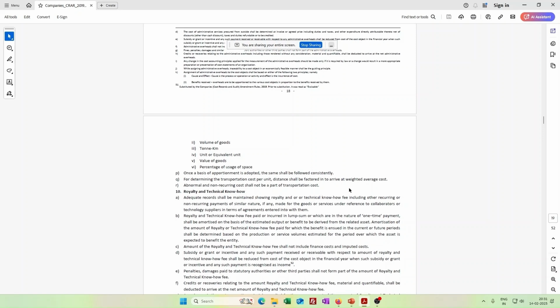So this is technical know-how. Maruti has to pay the Suzuki company, a Japanese company, for technical know-how.